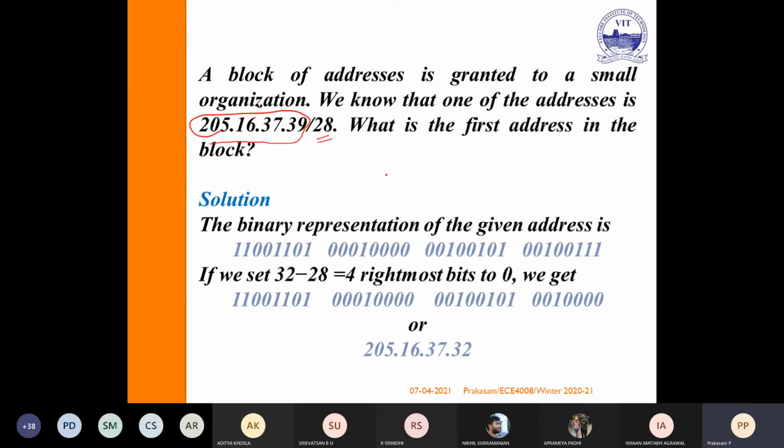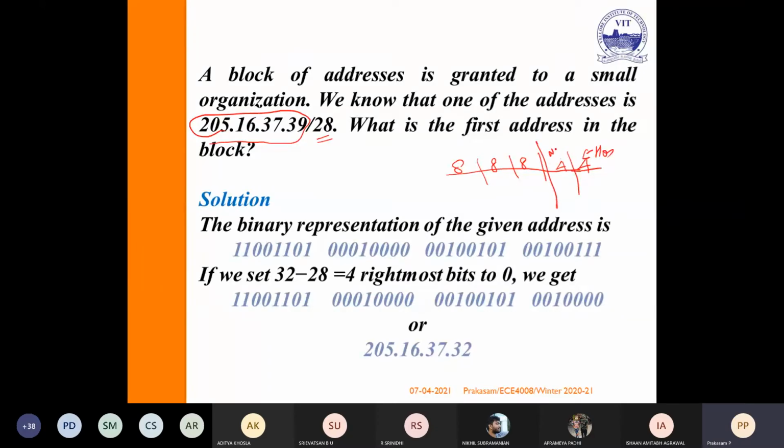This 28 is nothing but the number of maskable bits. That means out of 32, with the fields being 8, 8, 8, 8, in the last field of 8 bits, the first 4 will be used for network and the remaining 4 will be used for host. In the first 3 fields, all are network.